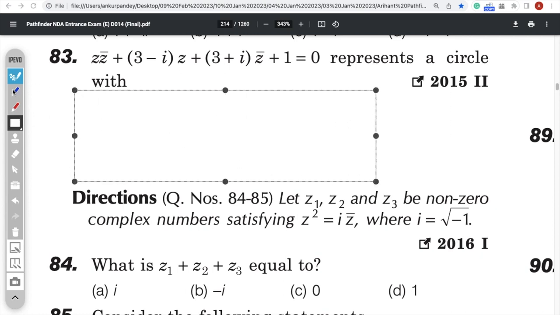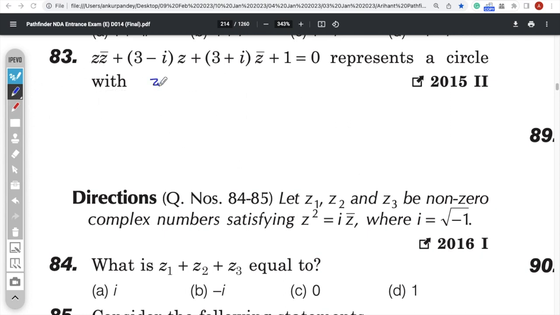Relax, no problem. So you consider that z is equal to x plus iy. Hence, z bar will become x minus iy. Okay? Okay, sir. So what is z? X plus iy. Sure? Fine, now I have to write at a tilt, so I'll adjust my writing back.